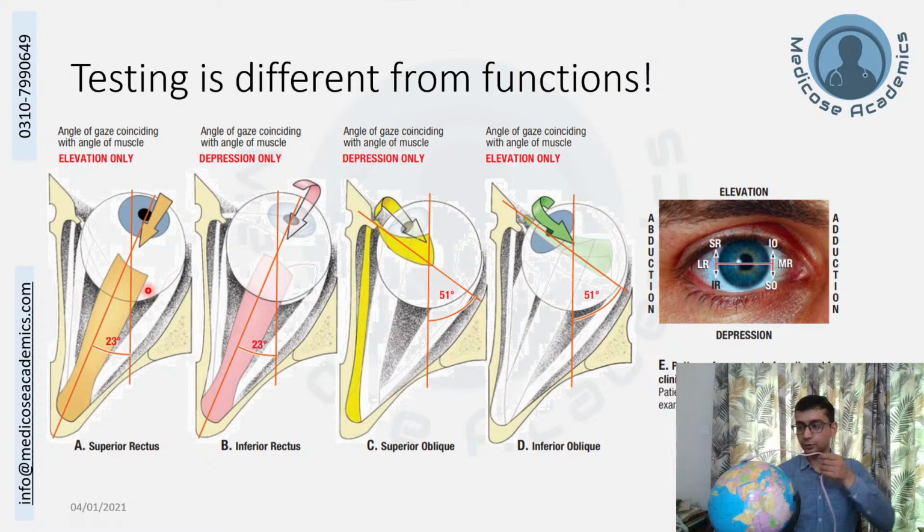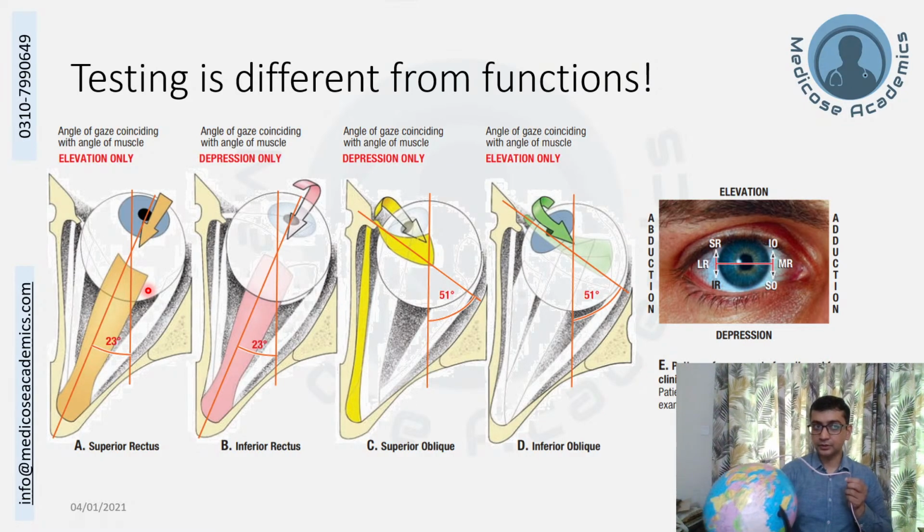If we are looking at the front, we will see the superior rectus approaching with an angle to the anteroposterior axis of the eyeball. However, if the person was looking laterally, like this, now you may be able to see that superior rectus is perfectly aligned, parallel to the long axis of the eye, and it is in perfect position to elevate the eye.